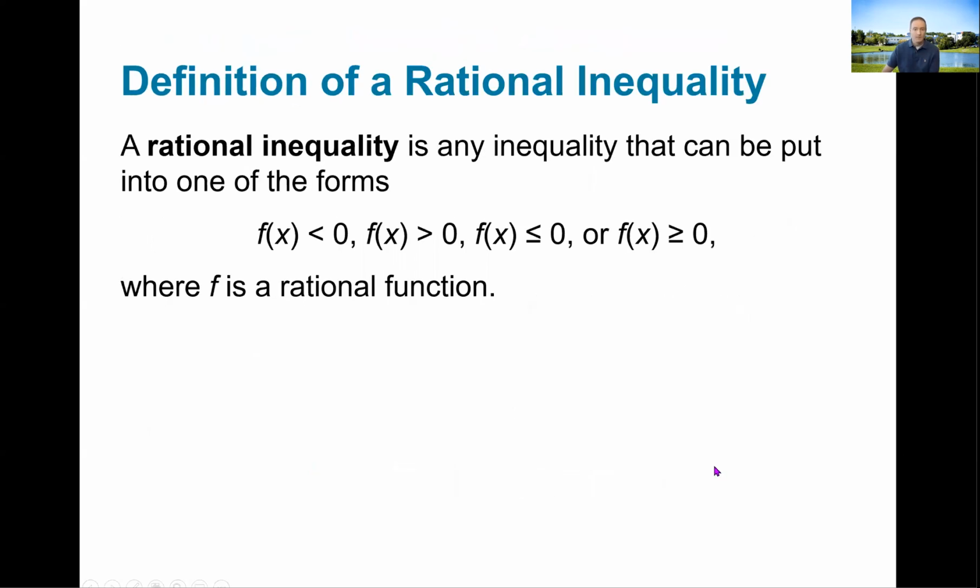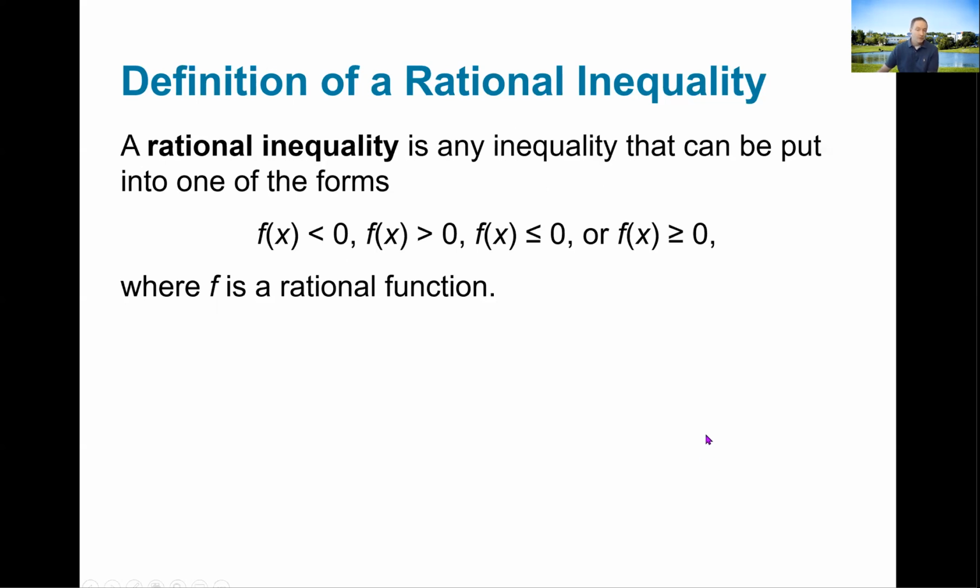Okay, up next, talking about rational inequalities. Rational inequalities are pretty much the same thing as a polynomial inequality, except of course f of x is going to be a rational function, and that presents problems in and of itself because you're going to have polynomials in the denominator, and anytime that polynomial in the denominator is 0, your function's not going to exist.